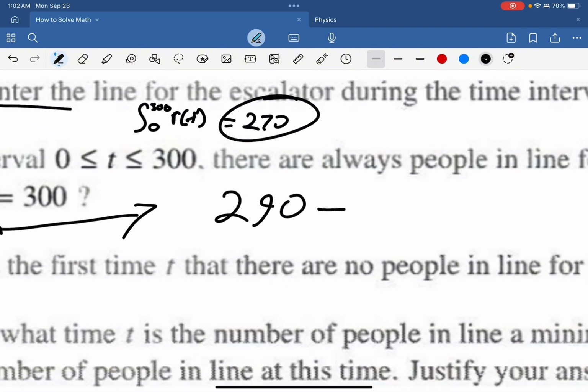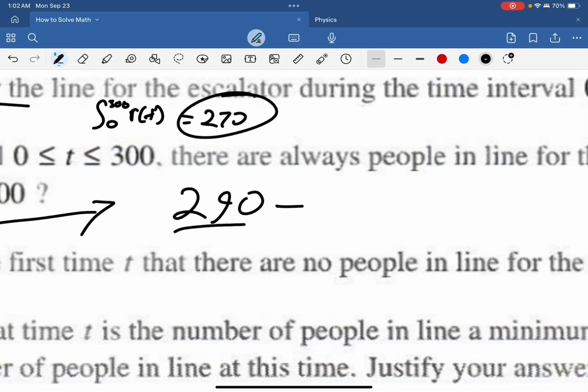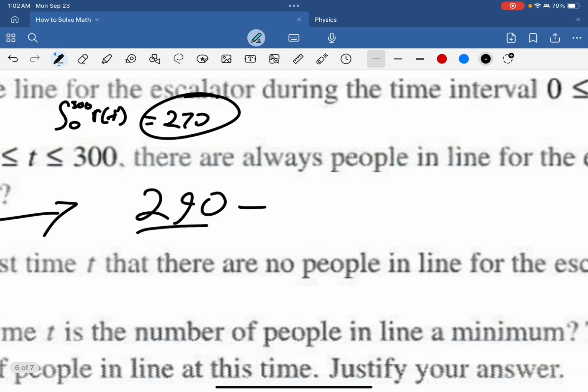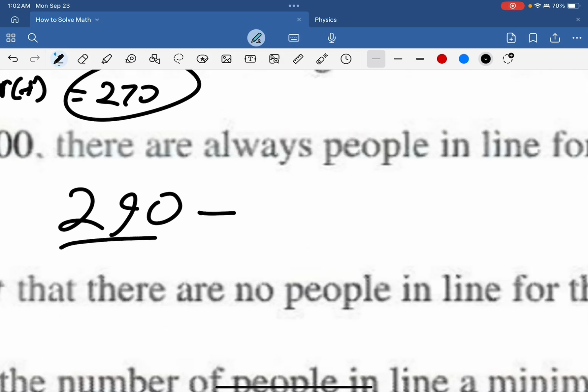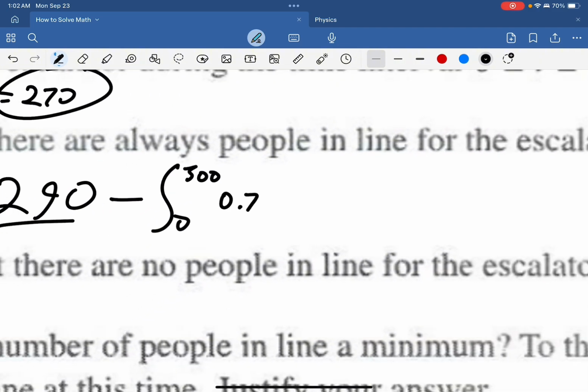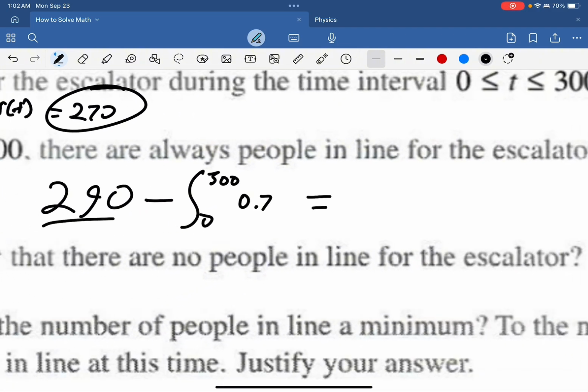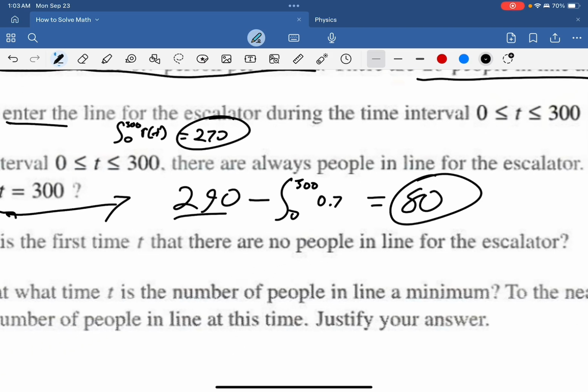So this isn't actually the full number. This is how many people enter, or are there, at that time. Now we just gotta figure out how many people leave, so you gotta take the integral of that, and that should give you 210, which gives you the final answer of 80 people that are in line.